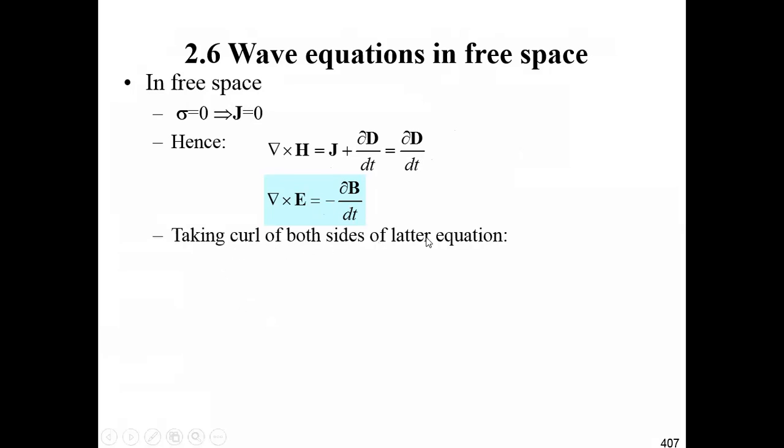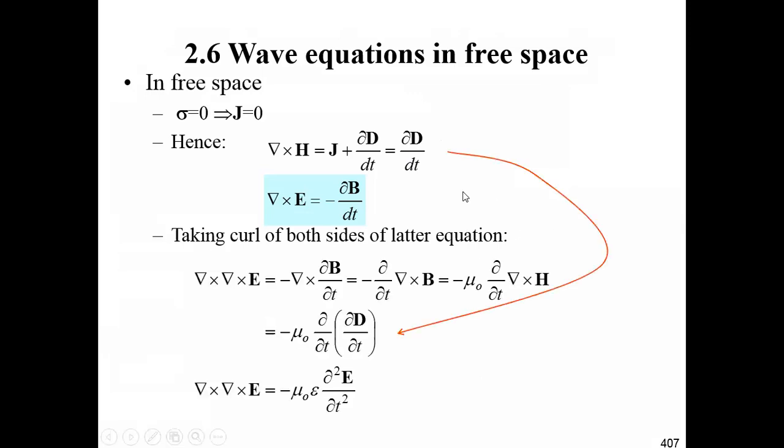Then see the next step. Here, taking the curl on both sides of equation 2. Once again, do you remember there was an identity for the curl of the curl of a vector? Del cross del cross E is equal to del of del dot E minus del square E. Very good: gradient of divergence minus the Laplacian.